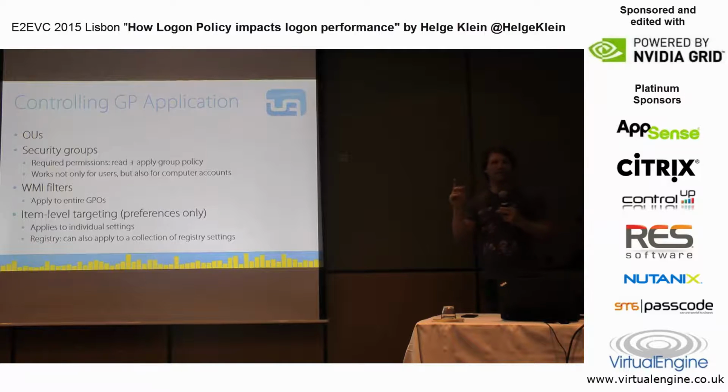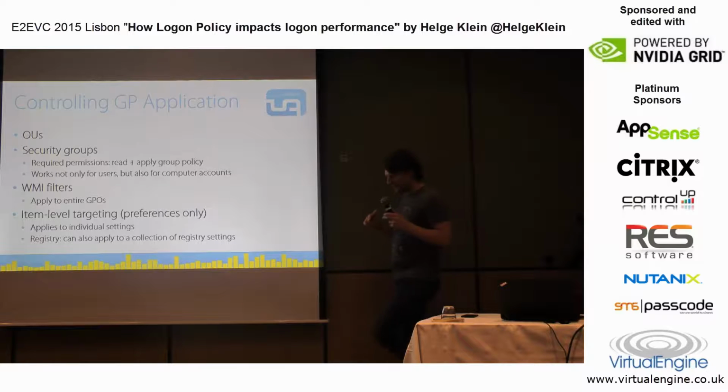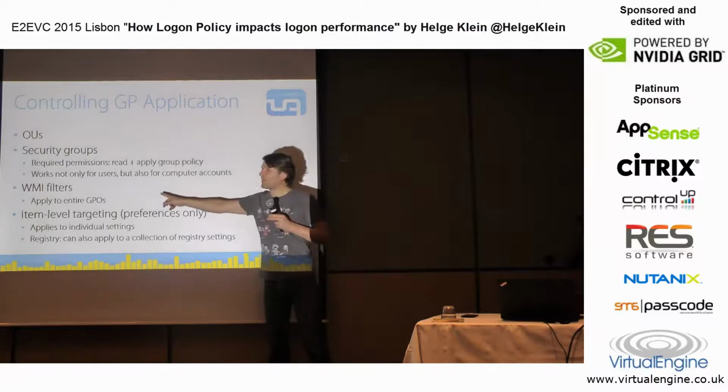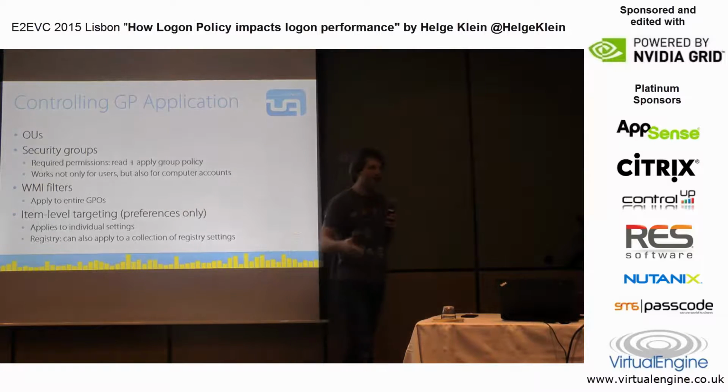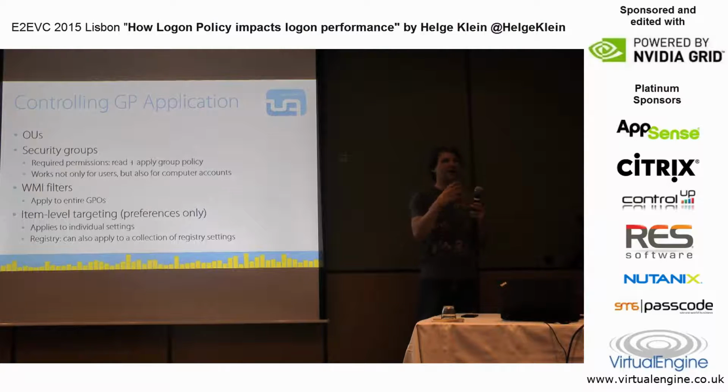Then for each of the GPOs, the engine checks if there is a WMI filter. It runs that WMI filter, and if the result is false, the GPO gets kicked out. And then for all the preference settings in the remaining GPOs, the item level targeting filter is evaluated.